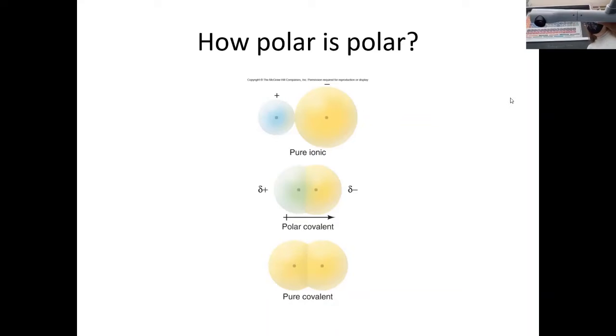Now, your book describes anything with an electronegativity difference of 0.4 or less as being purely covalent. We might consider those to be slightly polar. So as long as they're different elements, they're slightly polar. And the best example of that is carbon and hydrogen.